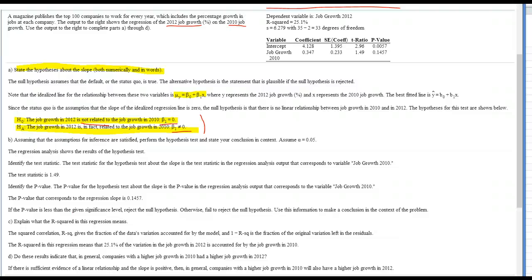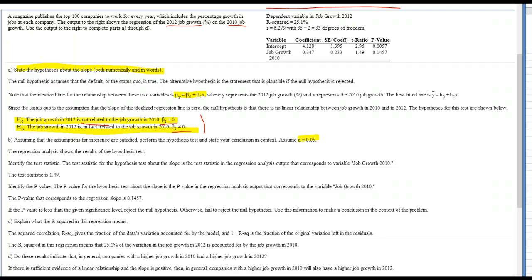The second part of the problem asks, assuming that the assumptions for inference are satisfied, to perform the hypothesis test and state your conclusion, assuming that alpha is equal to 0.05.